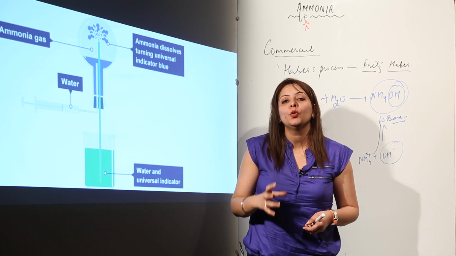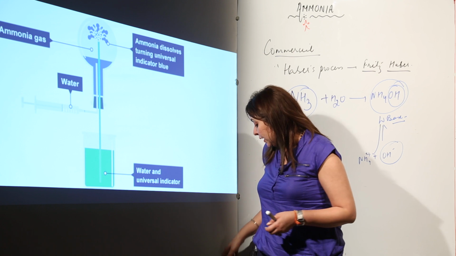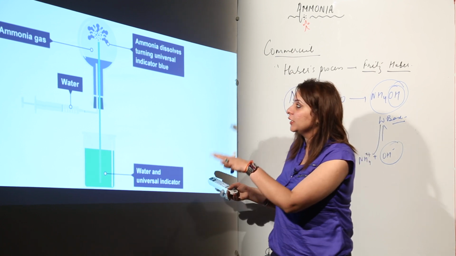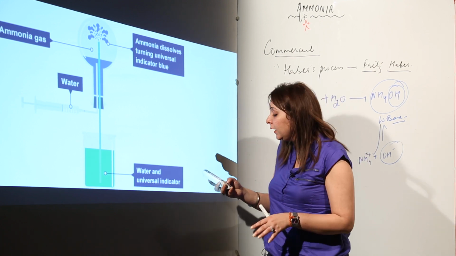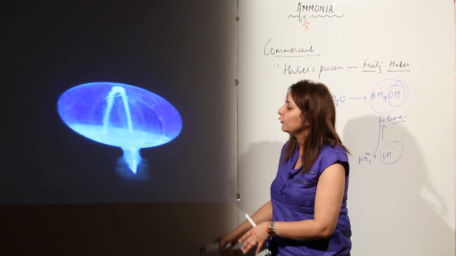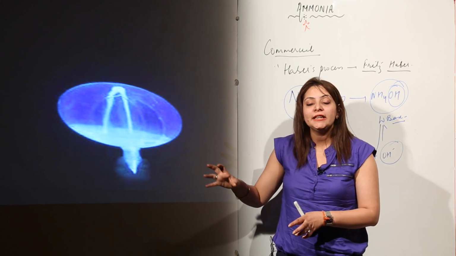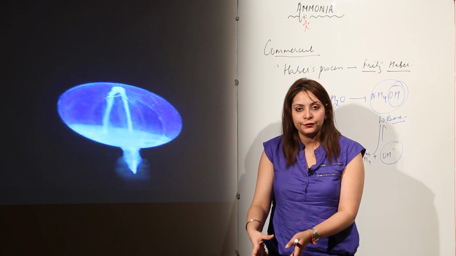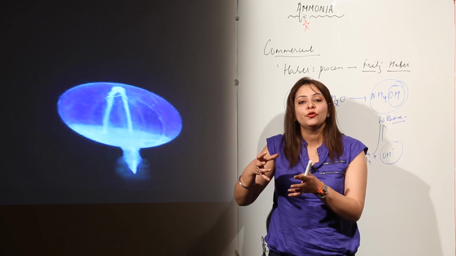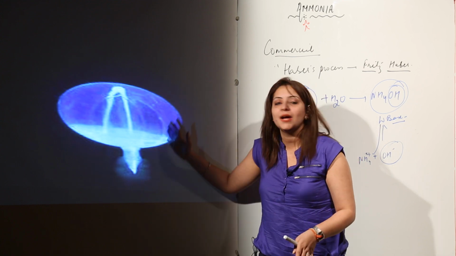That is why it converts the red litmus into blue. In these figures we are unable to see the proper coloring, but the fountain is made when the red litmus solution is pulled from the beaker with great force, and it emerges to form a blue fountain.